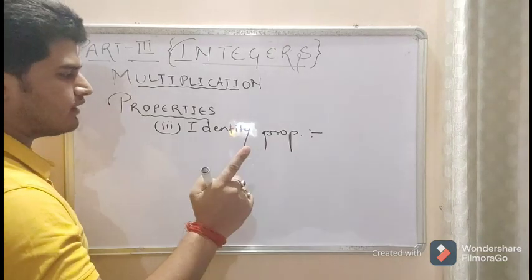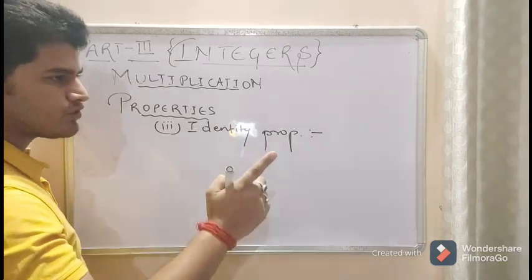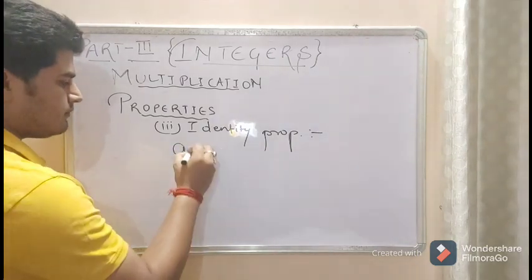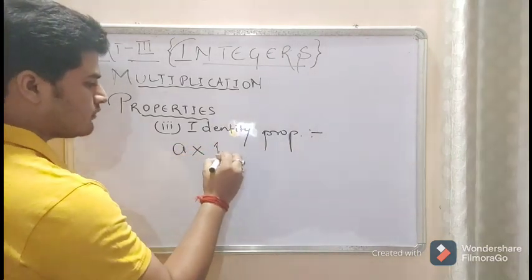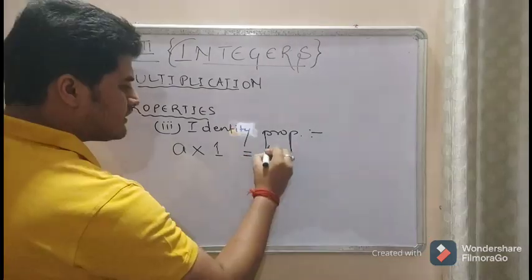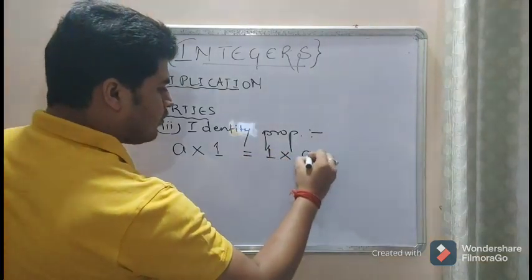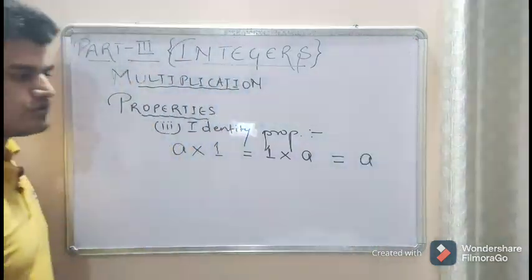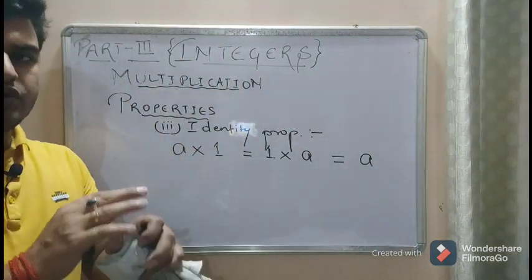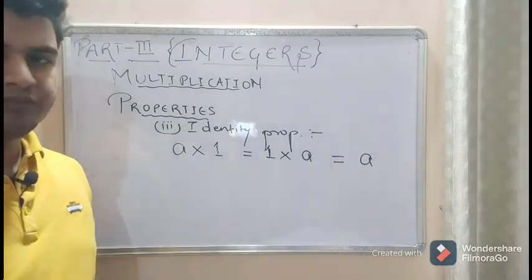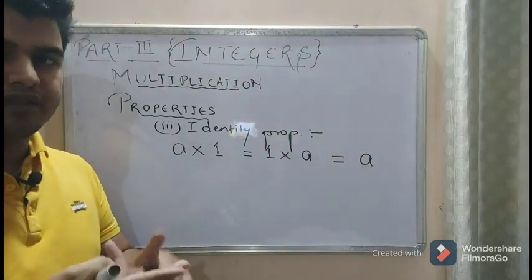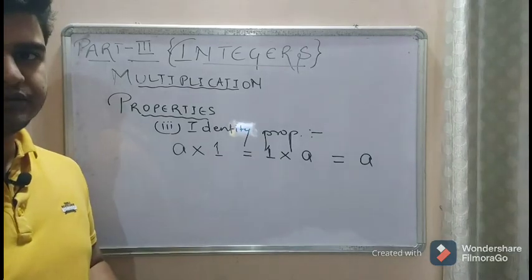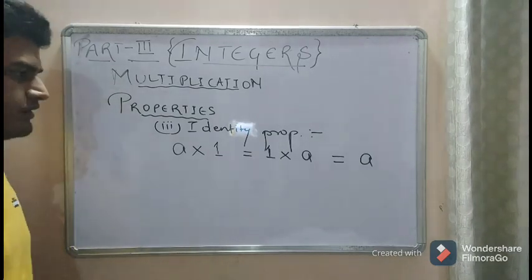So if a is an integer multiplied by 1, or 1 is multiplied into a, the result is going to be the integer a. There is no change in the value of a, neither in the sign nor in the magnitude. So this is the identity property.